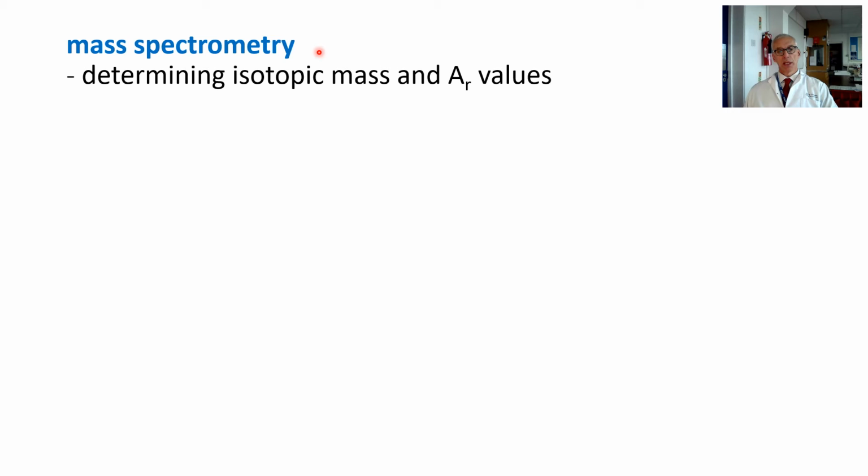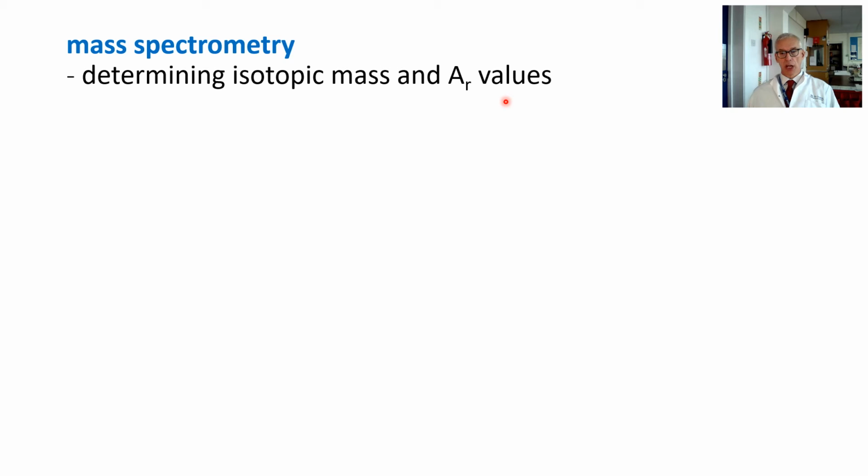And from the information from mass spectrometry, we can determine the mass of any particular isotopes. How do we know that carbon has two isotopes, carbon-12 and carbon-14? From mass spectrometry. And how do we know the relative abundances? Again, from mass spectrometry. And from that, we can then determine the relative atomic masses in a way that I will show you in future.